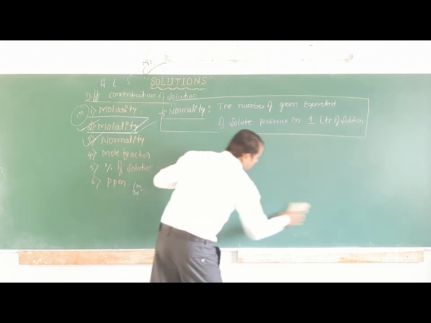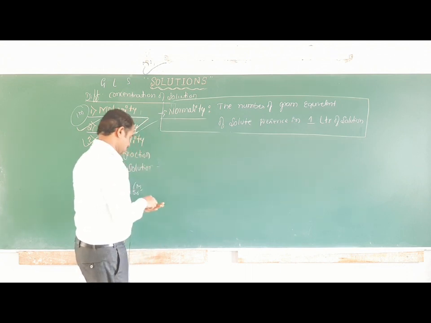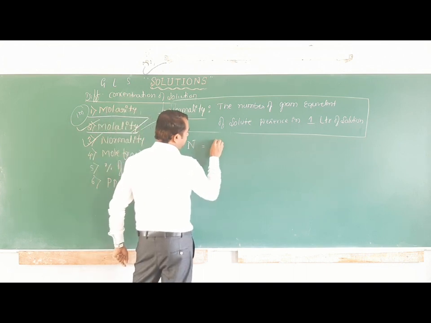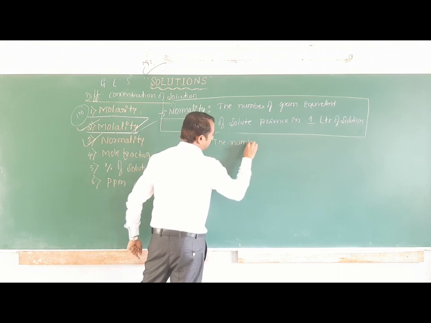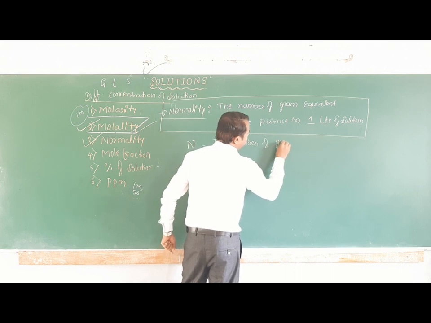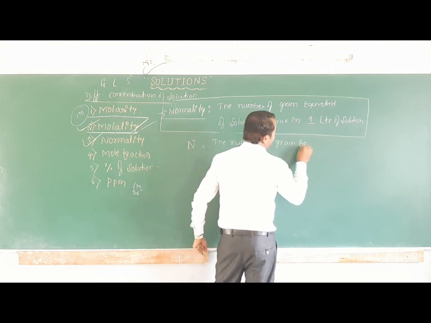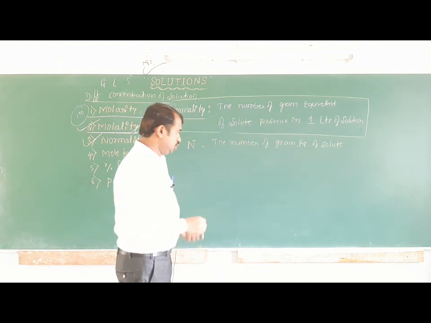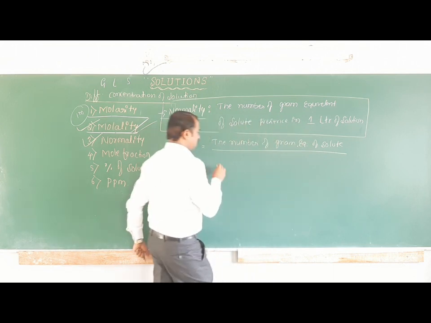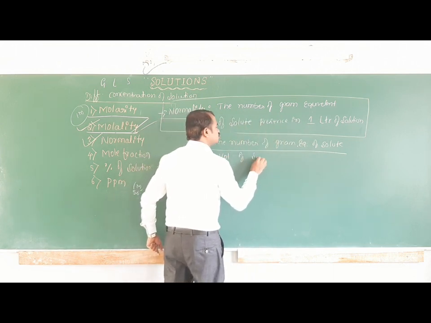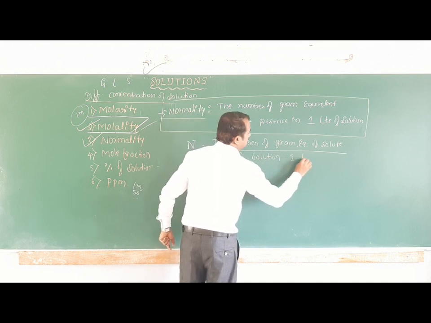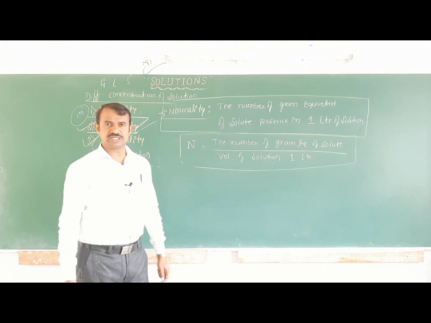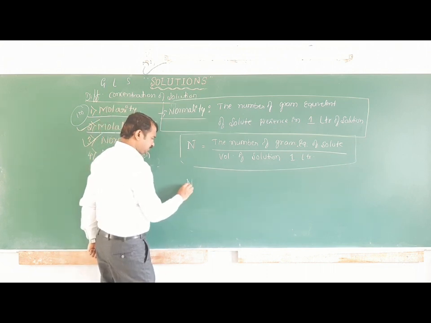The symbol for normality is N. Normality equals the number of gram equivalents of solute divided by the volume of solution in liters. That is called normality.